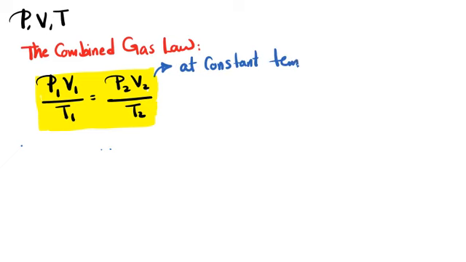What does that mean? When we say constant temperature, it means there is no temperature change. It means T1 is equal to T2.